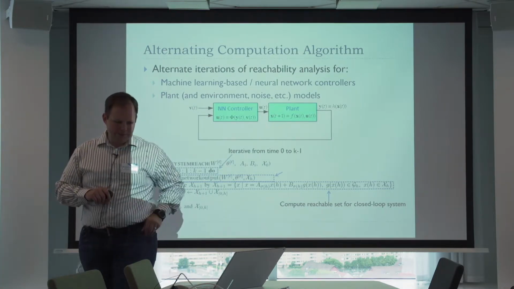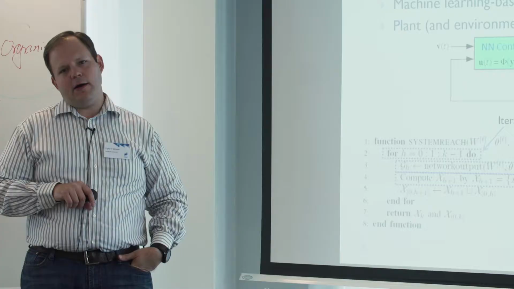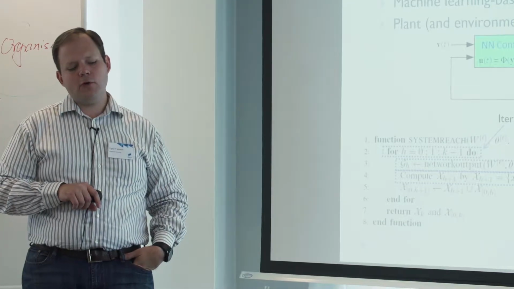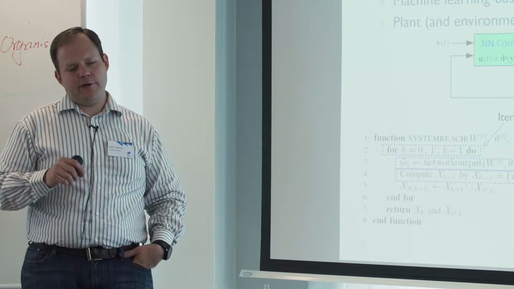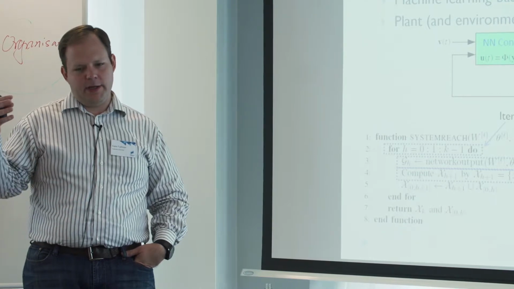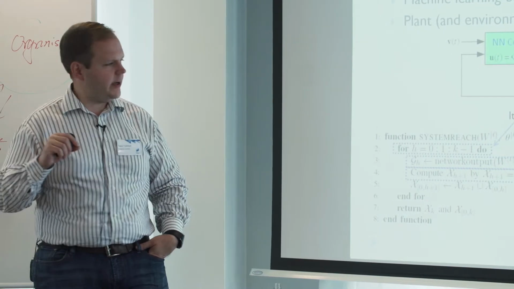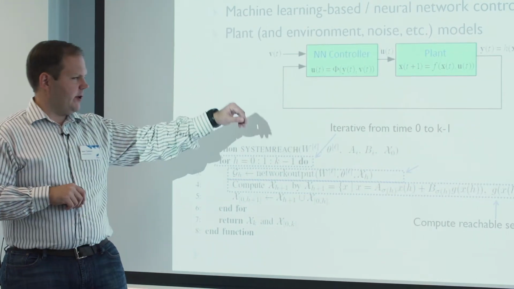So we can just combine these and alternate the computations of the neural net controller output reachable set with the plant reachability computations. So this is some description of that, and we'll do this up to some time bound.